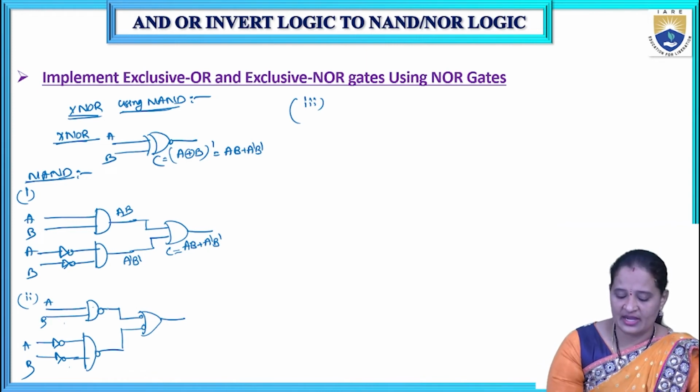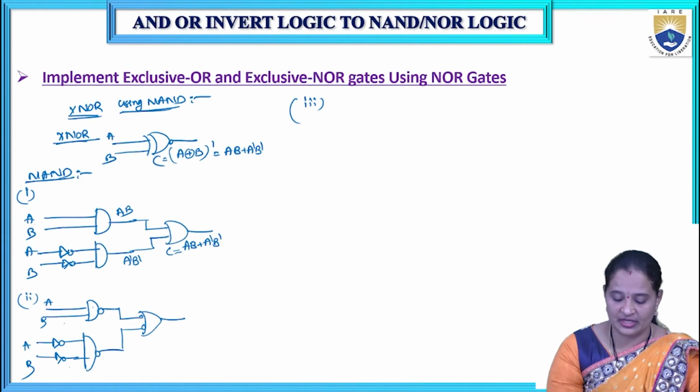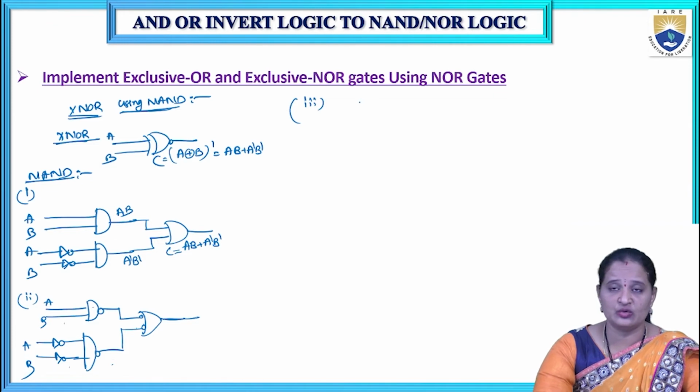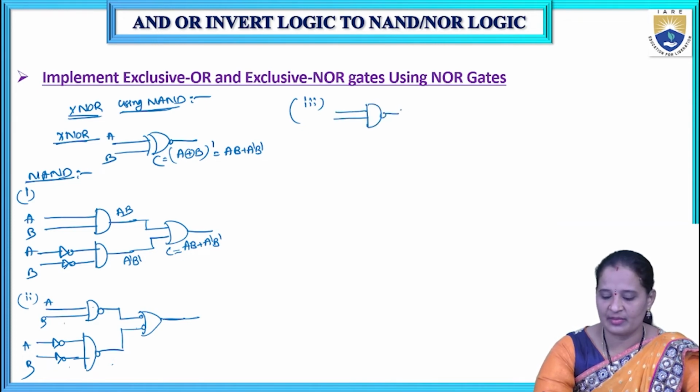Now, this line has received a bubble at the AND gate and also at the input of the OR gate, so two inverters we need to place here and two inverters here. And has this line received any bubble? No, so no need to place any inverter. So we need to check each and every line whether it has received a bubble or not. So after the third step, we are placing an inverter here, and we already have an inverter.